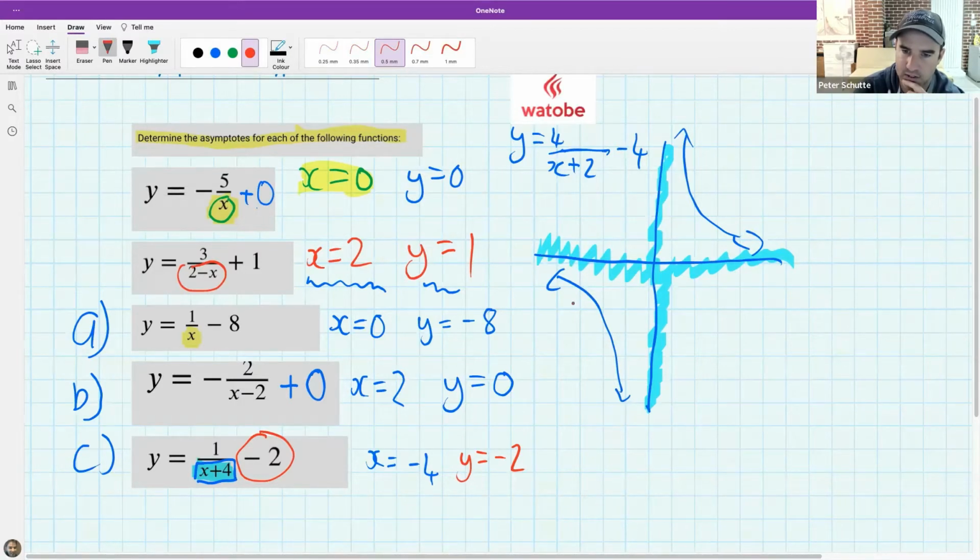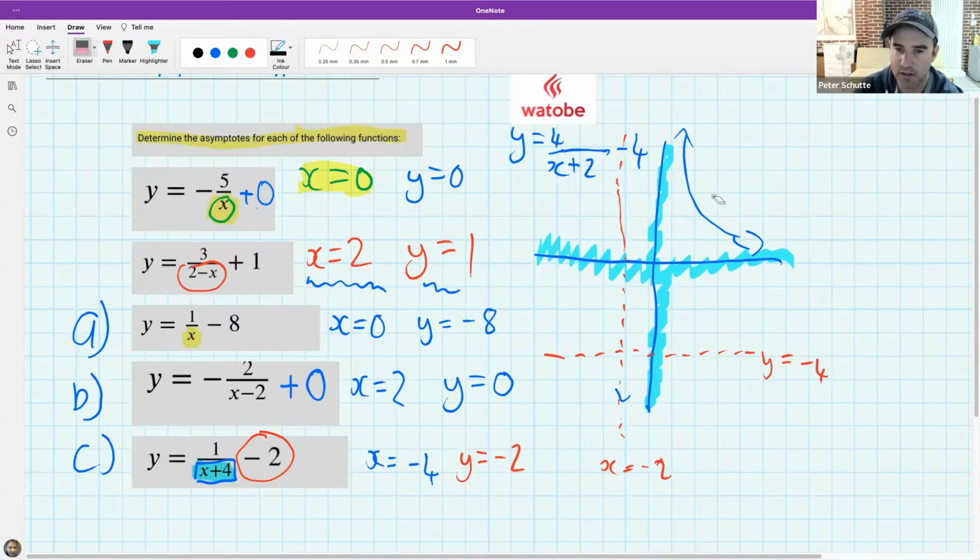So in this case, there would be an asymptote at y equals minus 4 and an asymptote at x is minus 2. So you have to know what the asymptotes are to help you almost draw your graph. And you also need to understand that a graph will never cross the asymptote.